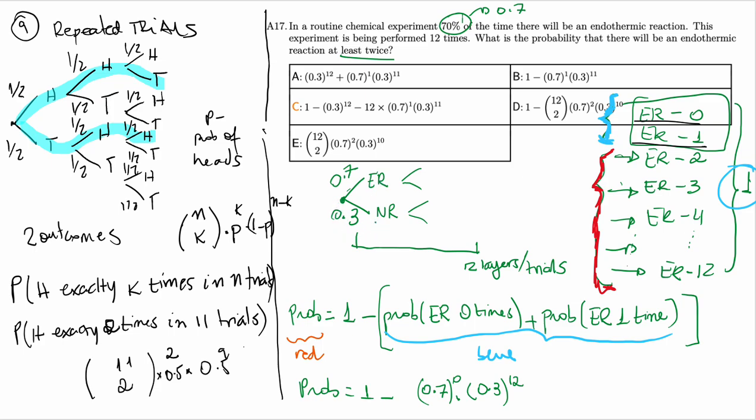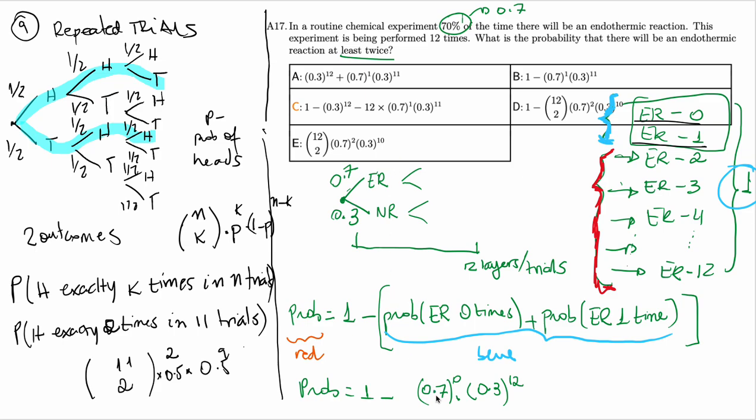But aren't we adding to it just happening once? No, we're doing this first part here. When the endothermic reaction happens 0 times. So we're taking 0.7, won't appear actually, because you would have a branch, a path of only not happening the reaction.